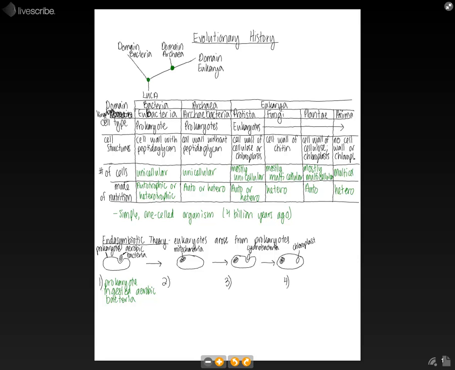So the prokaryote ingested this aerobic bacteria, and then if we go to our next step, we see that these aerobes that were ingested developed into mitochondria. And so we can see in the diagram, now we have a mitochondria that developed. And this is what we know to be animal cells.